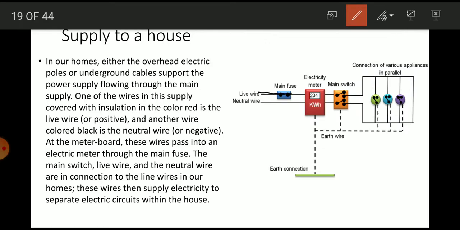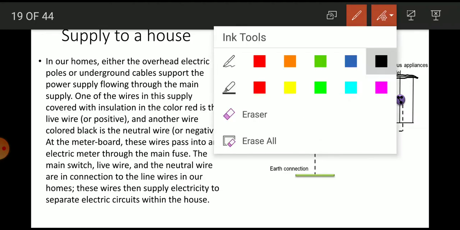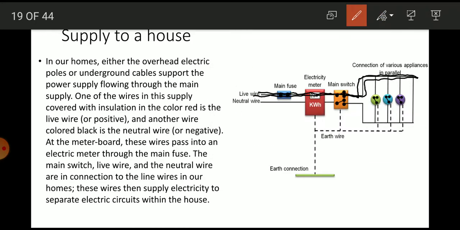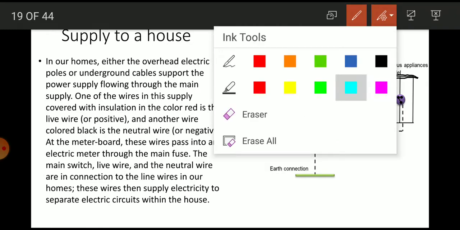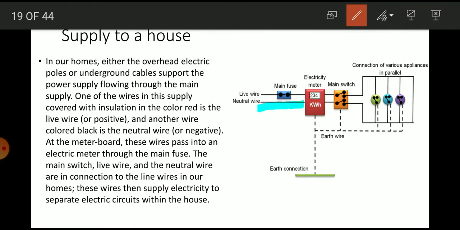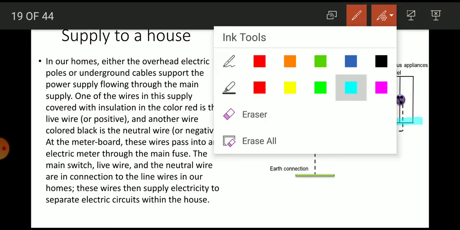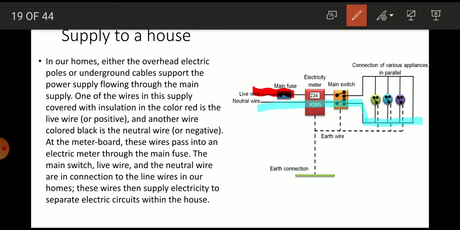This is the live wire connection. This connection is a live wire. The neutral wire is this one. This is the neutral wire given to each room, and this one is the live wire.